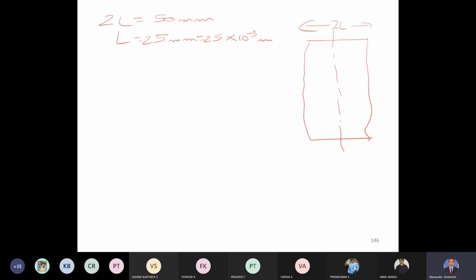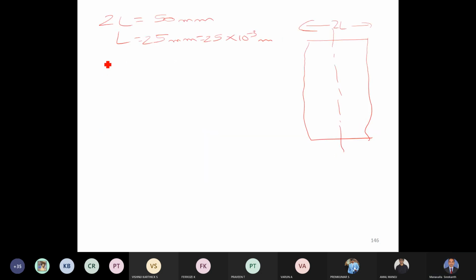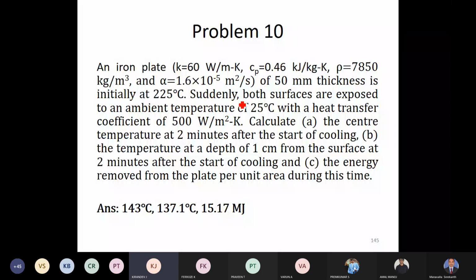Also, we are given some initial condition. The initial condition is 225 degrees Celsius temperature. Suddenly, both surfaces are exposed to an ambient temperature of 25 degrees Celsius.